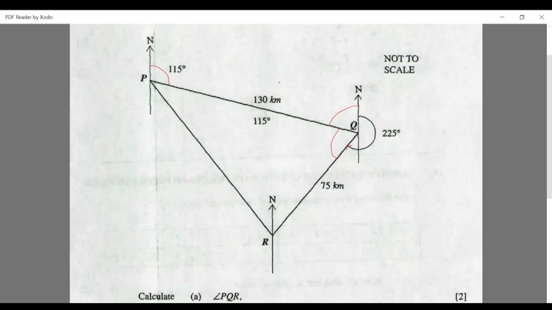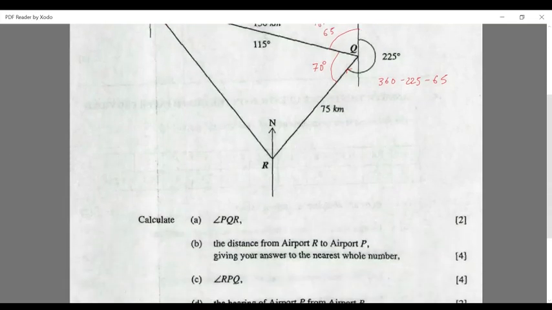So 180 minus 115. So 180 minus 100 is 80, minus 15 is 65. Therefore, PQR is 360 minus 225 minus 65. So 360 minus 65 is 295. So this is 70 degrees. Therefore, PQR is 70 degrees.